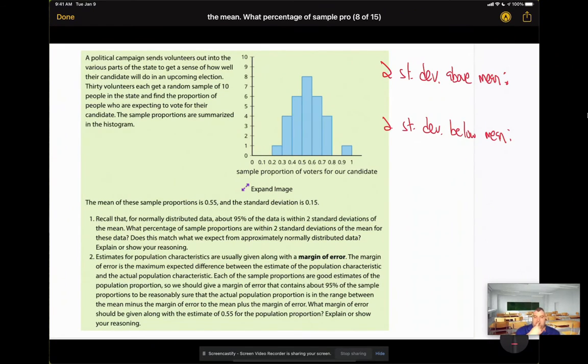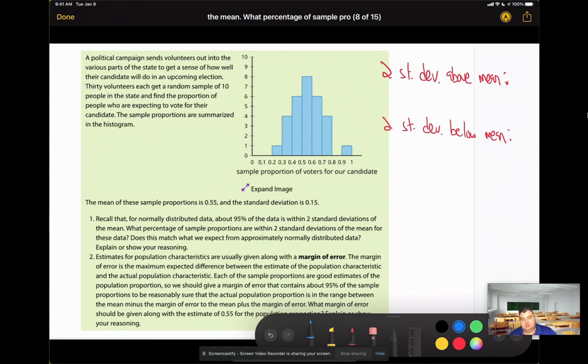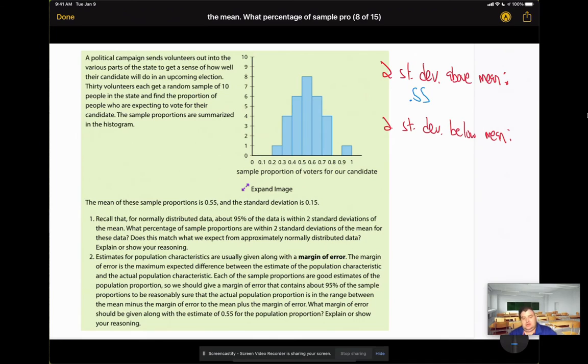So for 2 standard deviations above the mean, I would have to take the mean and add the standard deviation twice. If I wanted to find 3 standard deviations above the mean, I would have to take the mean and add the standard deviation 3 times. So 0.55 plus 0.15 plus 0.15 is going to be 0.85.